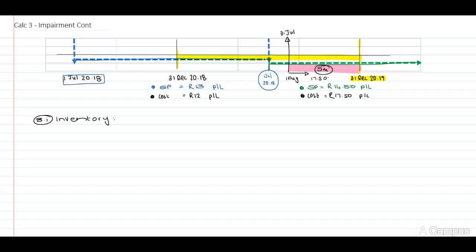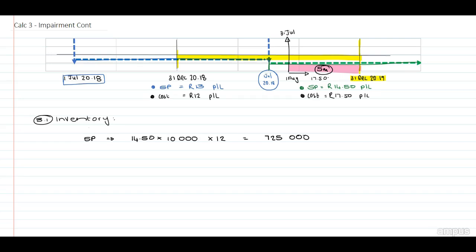Okay. Therefore, when we look at this, our selling price of our inventory is the 14 Rand 50 times the 10,000 litres times 12 months. And this will be an amount of 725,000. Right?